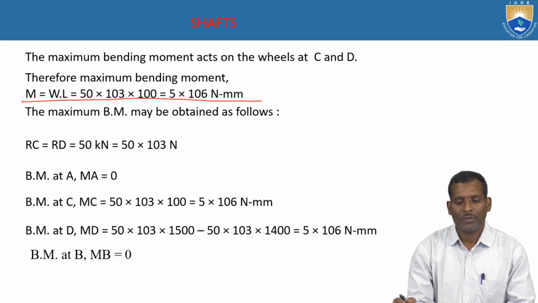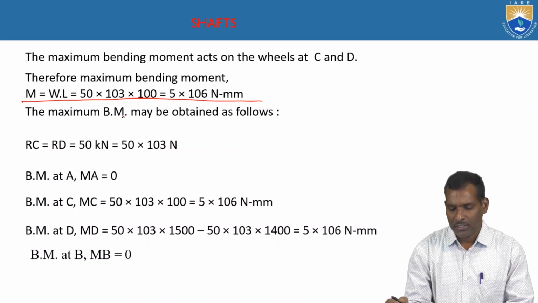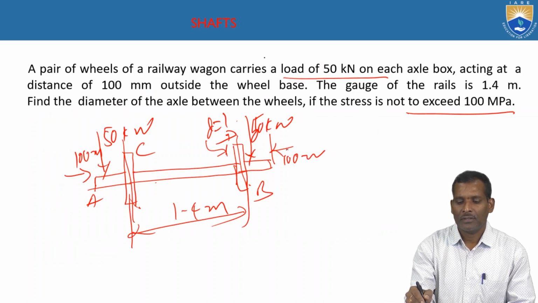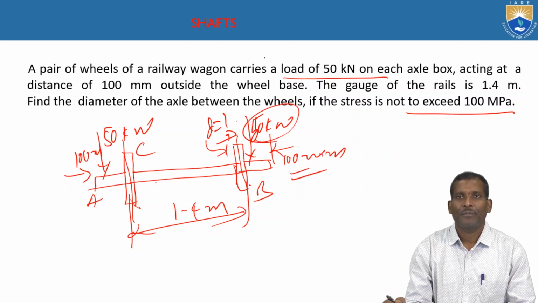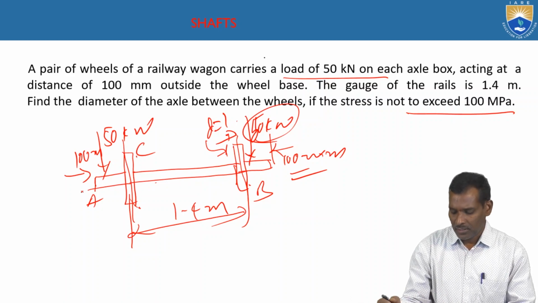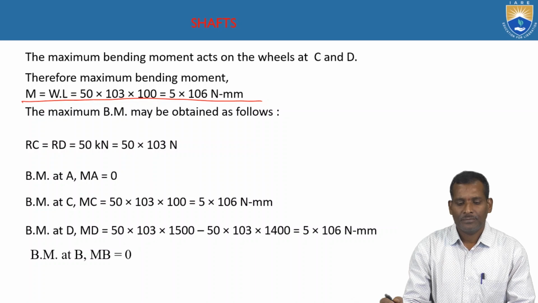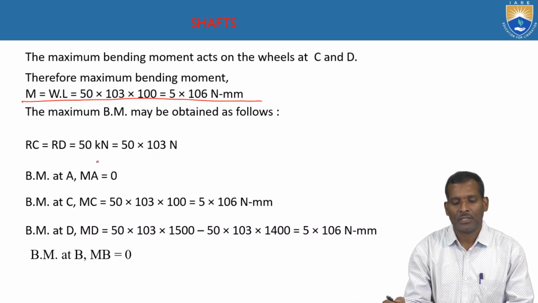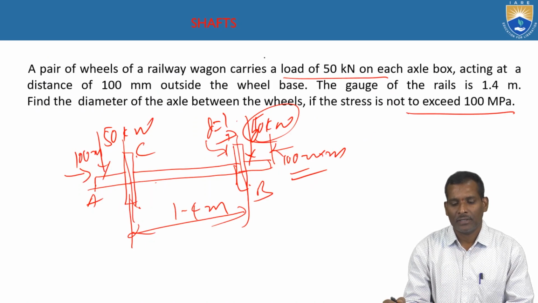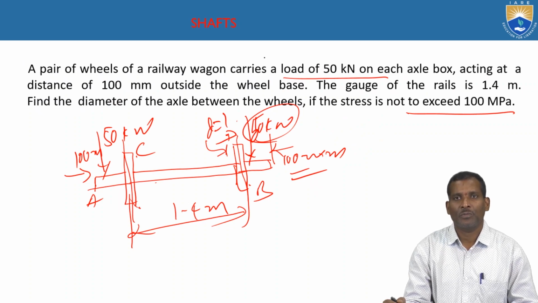Here the load is 50 kilonewtons and the length is 100, so 50 kilonewtons multiplied with 100. Similarly at C, 50 kilonewtons and 100. So the maximum bending moment is obtained as follows. The reaction forces R_C and R_D are 50 kilonewtons. The bending moment at the ends A and B is 0, the end supports are 0.